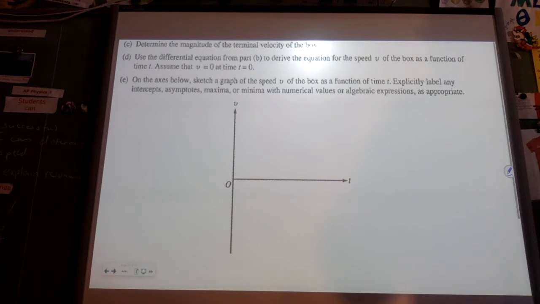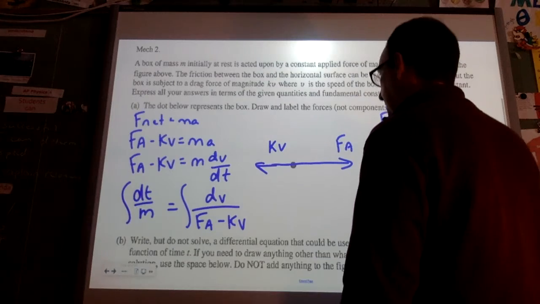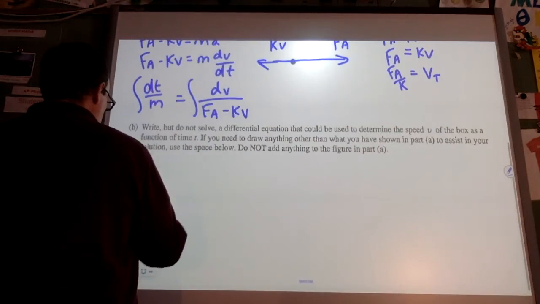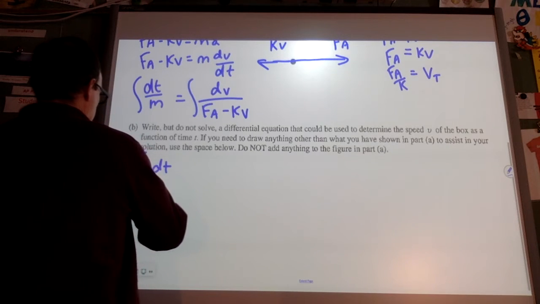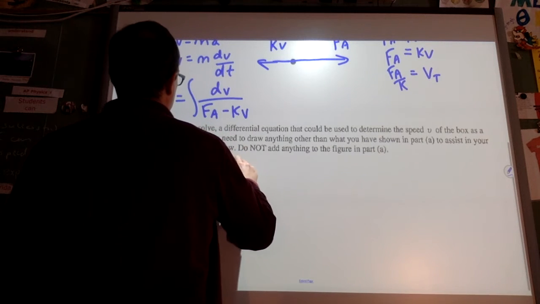Assume the differential equation from part B to derive an equation for speed V as a function of time. Assume V equals 0 at time t equals 0. All right, so I'm going to integrate this, from 0 to t and from 0 to v.